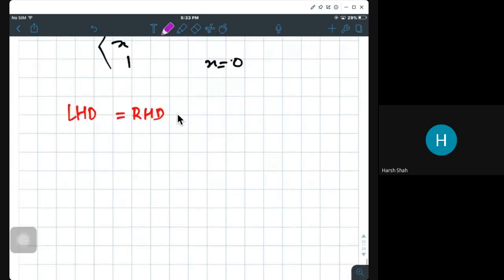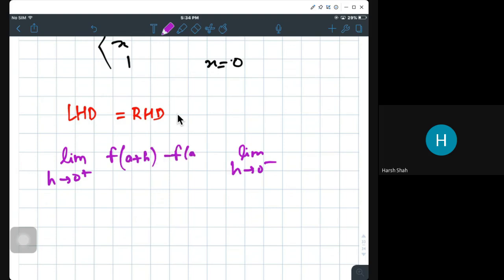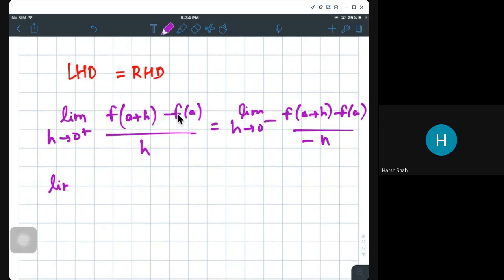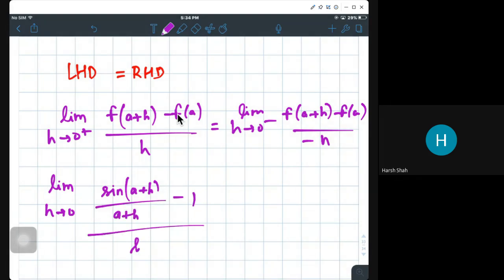LHD is limit h tends to 0 of f of a minus h minus f of a by minus h, and RHD is f of a plus h minus f of a by h, correct? Here this is limit h tends to 0 of sin(a plus h) by (a plus h) minus 1, upon h, right?